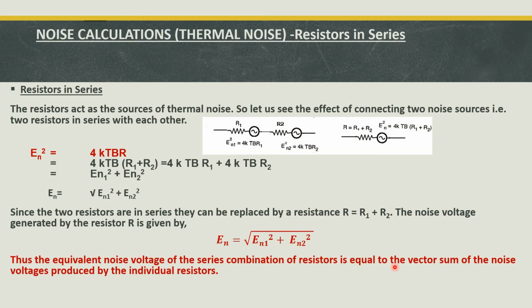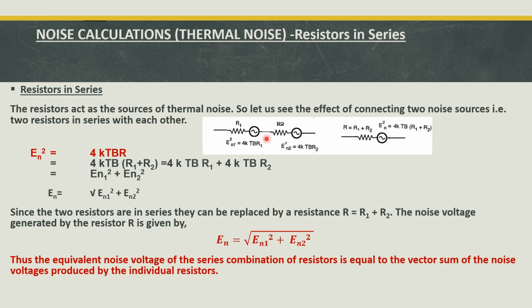The next topic is noise calculations in a series connection of resistors and a parallel connection of resistors. What is the corresponding thermal noise voltage, and how do we calculate it? The noise resistor acts as a source of thermal noise, so let us see the effect of connecting two noise sources, or two resistors, in series.